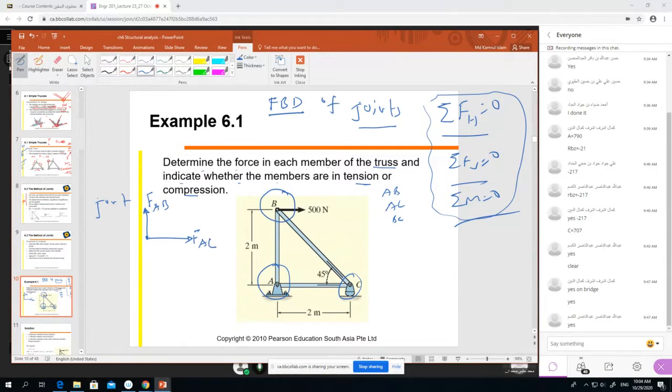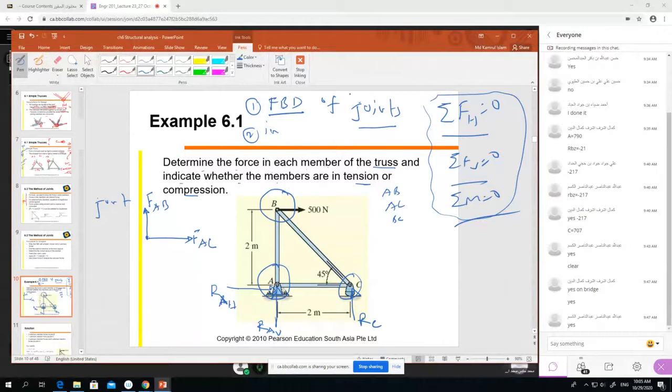Okay, and when we draw the free body diagram, we must write down the RA horizontal and RA vertical, because this is the joint. Remember, this is the joint, so we will have two reactions, and here is the roller, and we have only one reaction. Remember, like this. So first we draw the free body diagram at the beginning.